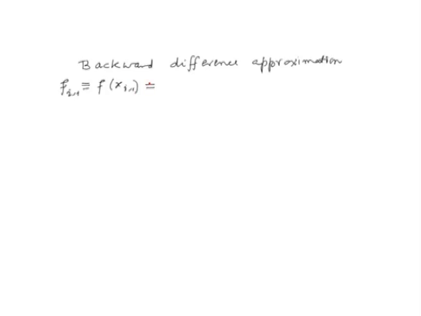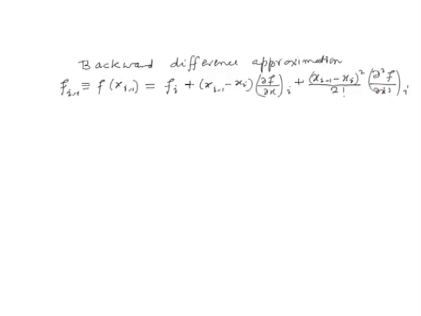This can be expressed by our Taylor series as f of i plus x of i minus 1 minus x_i del f over del x at i, plus x of i minus 1 minus x_i squared divided by 2 factorial, the second derivative del 2f over del x square at point i, plus higher order terms.